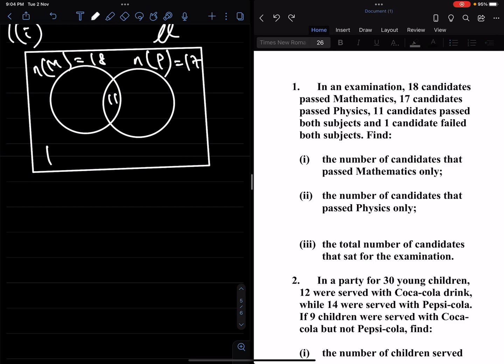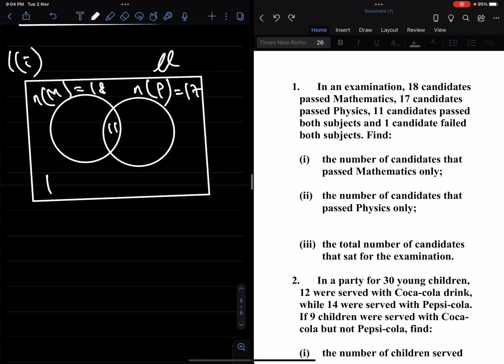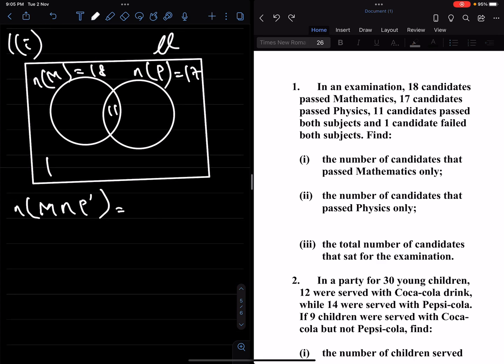Now the first question says find the number of candidates that passed mathematics only. That's simply the number of elements in this region. That's where you can see only math. So that simply means math only. I can write it as M intersection P complement. This is the set notation for the number of candidates who passed math only, and we know that everything inside this circle is 18, and this part is 11.